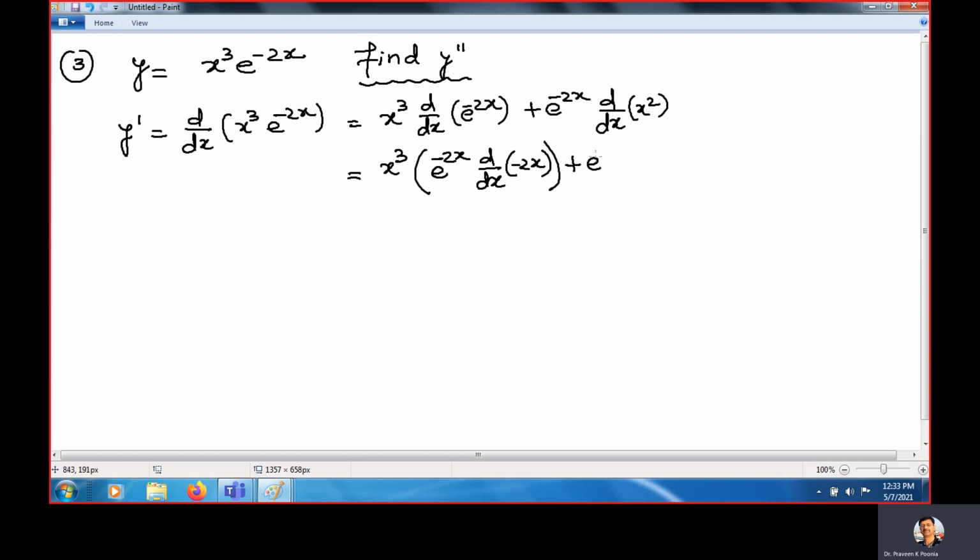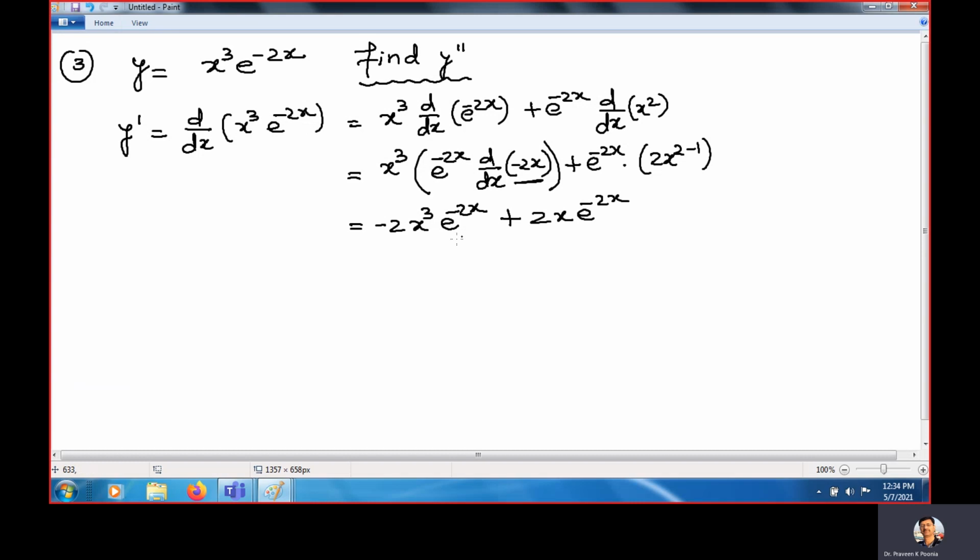This is plus e power minus 2x and 2x power 2 minus 1. If you simplify, the derivative of this will be minus 2. So minus 2 x power 3 e power minus 2x, this is the first function, and plus 2 x power 2 minus 1 is x e power minus 2x.